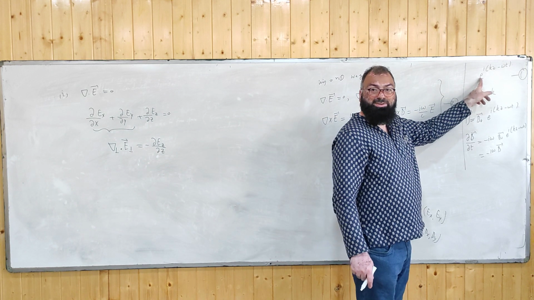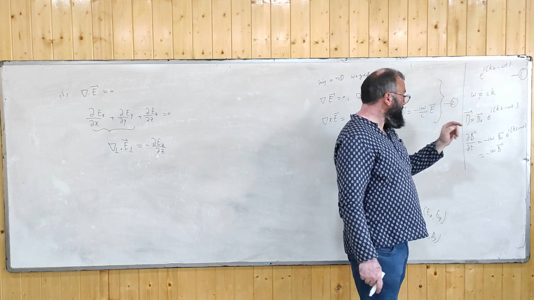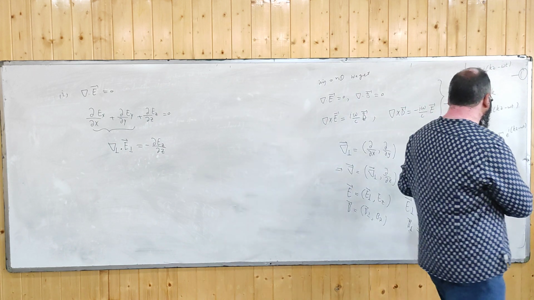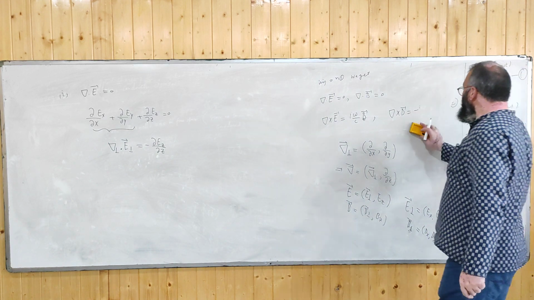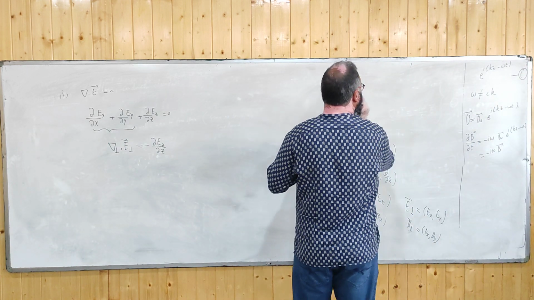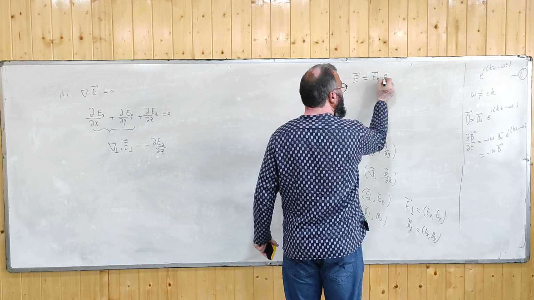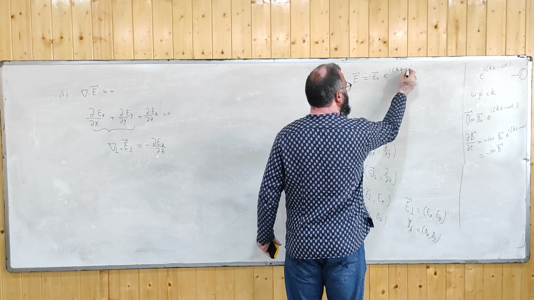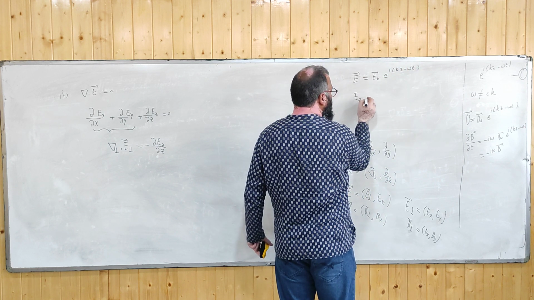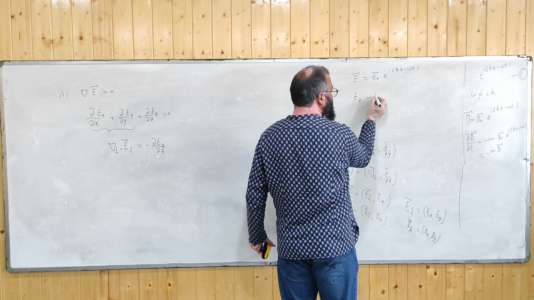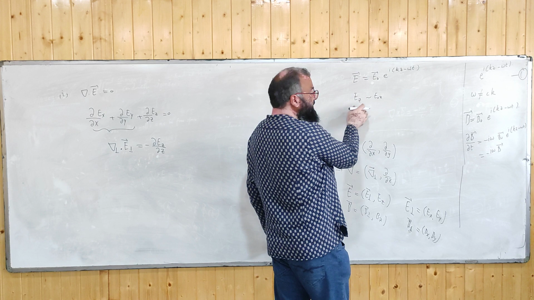So what do you get? Look here, if anybody is not following, this E is actually equal to E naught exponential of i times kz minus omega t. So what is Ez therefore? Ez has the same form, let's say E0z, and let's assume this is real. So it is the z component.